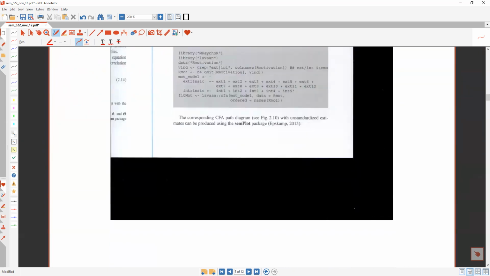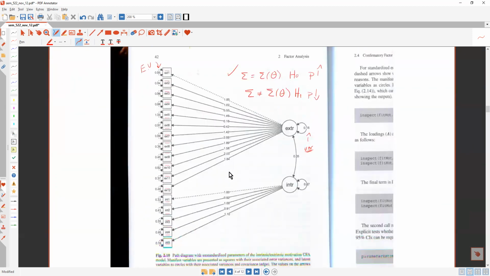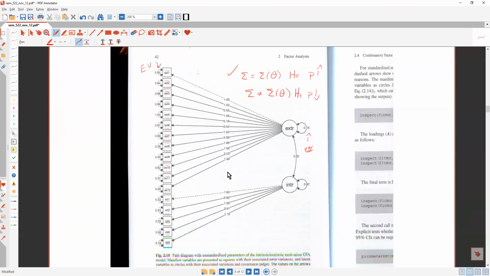Let's take a look at how this is diagrammed. This is an example of a confirmatory factor analysis. So this is a CFA. We have one factor, and we have another factor here: intrinsic versus extrinsic motivation.